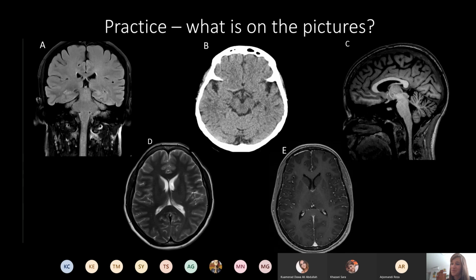Okay, it's a T2 weighted MR scan, axial plane. What is E? Someone? Axial plane, yes. I didn't hear you, but this is a post-contrast T1 weighted MR scan.